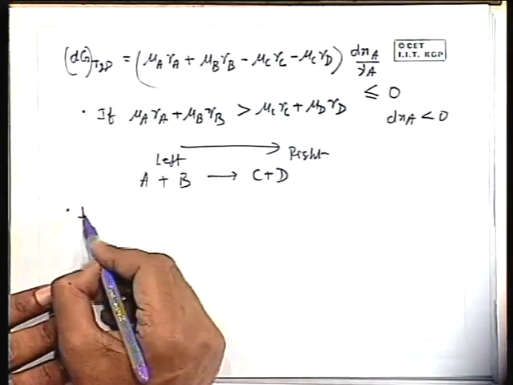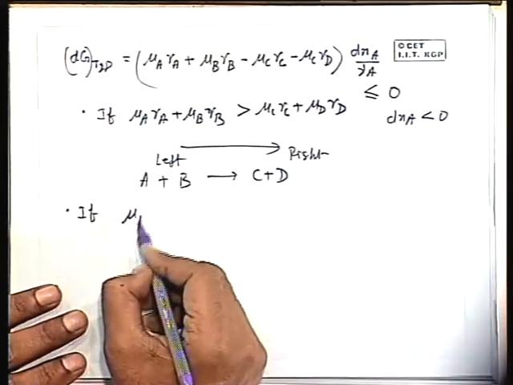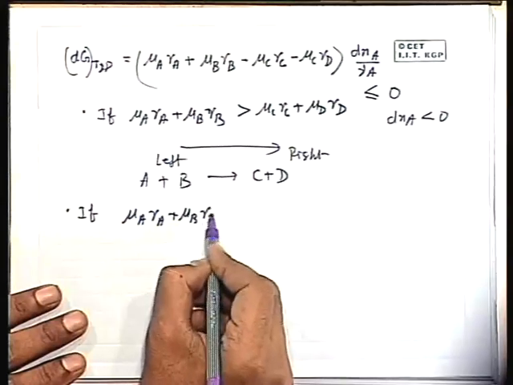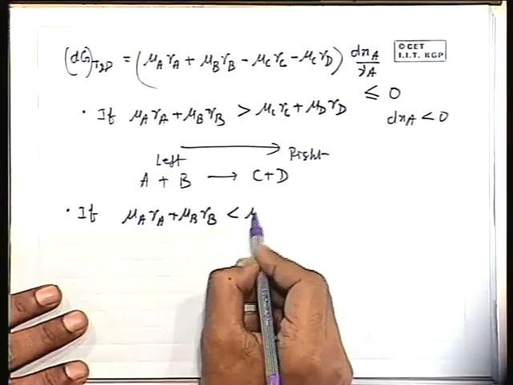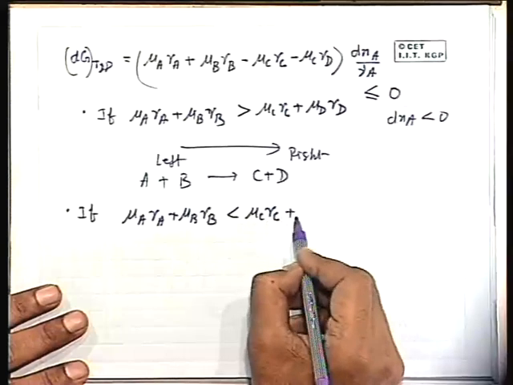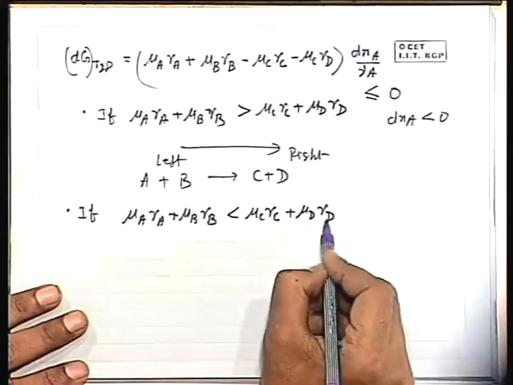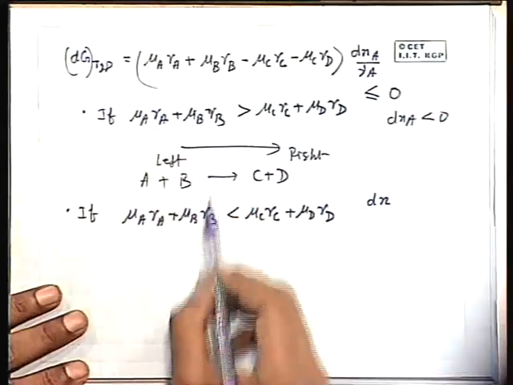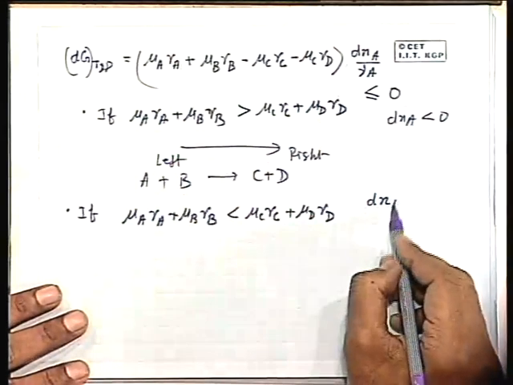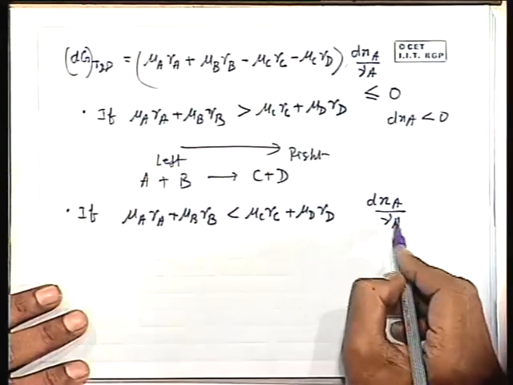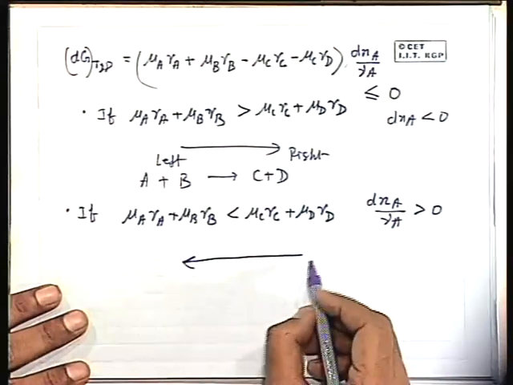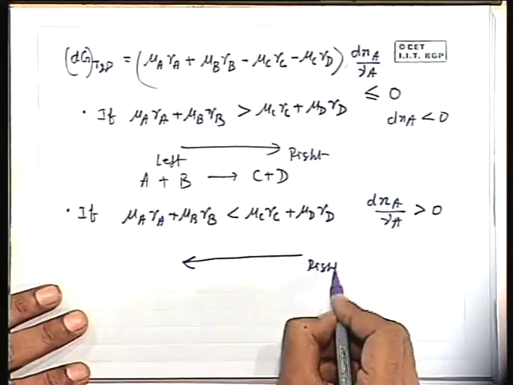But the other way, that means mu A gamma A plus mu B gamma B is less than mu C gamma C plus mu D gamma D, that means this quantity is already negative. That means dNA by gamma A has to be greater than 0. That means A has to be produced, that means from right to left.